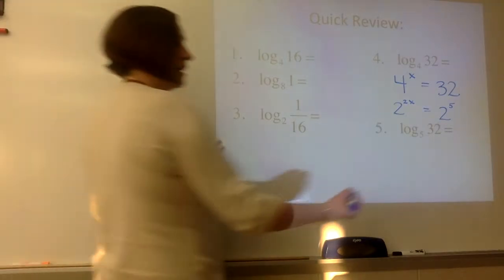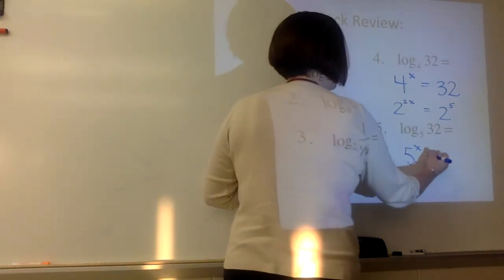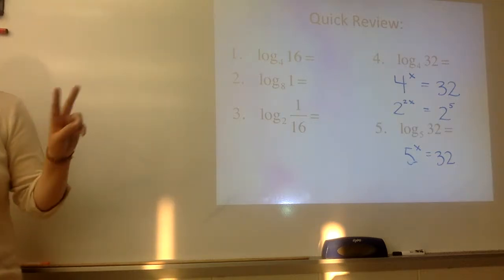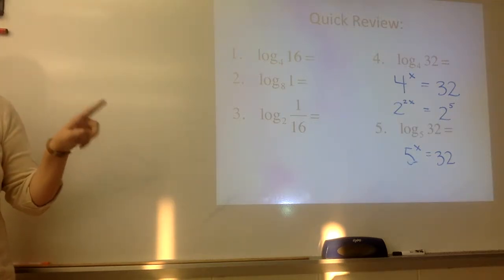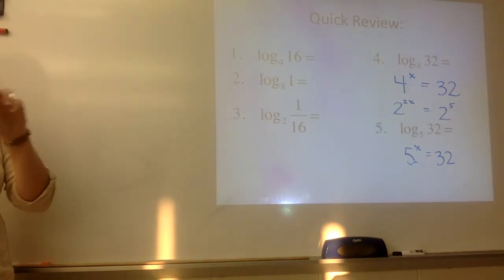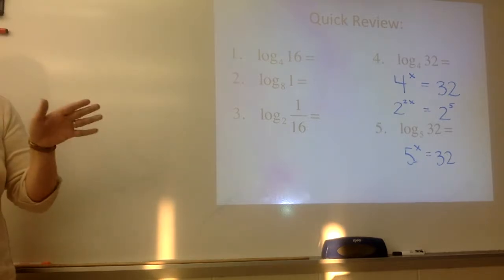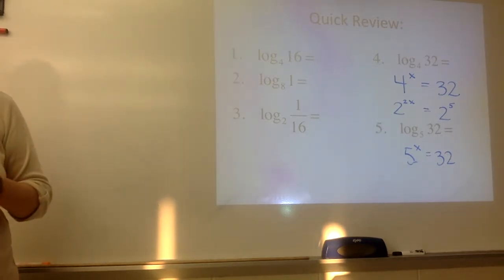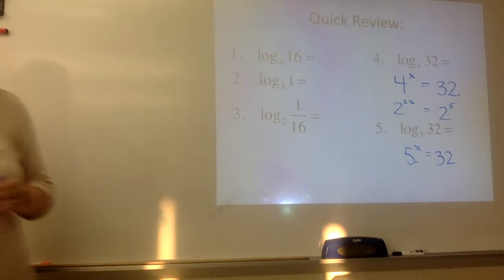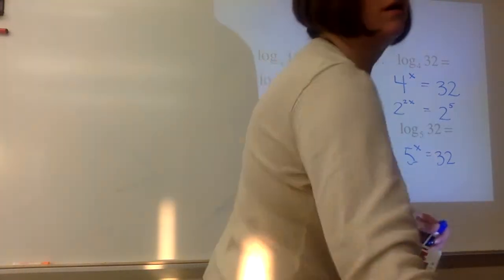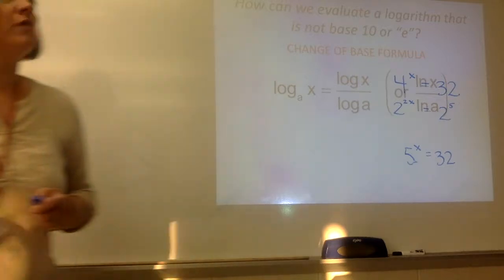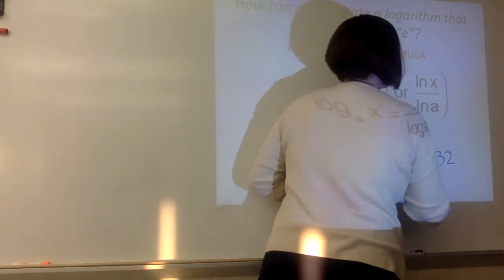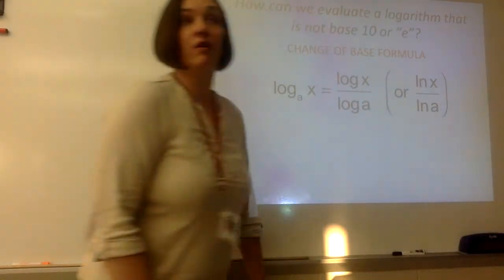Here's what I mean by that. 5 to what power gives me 32 has to fall between what two integer values? 2 and 3, right? 5 squared is 25. 5 cubed is 125, so it's somewhere in between that has to generate the 32. This is going to be our introduction to today's lesson, which is if you come across a log that you cannot think out, we are going to use the change of base formula moving forward.